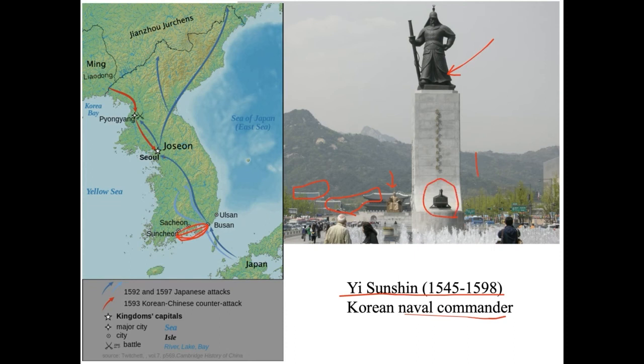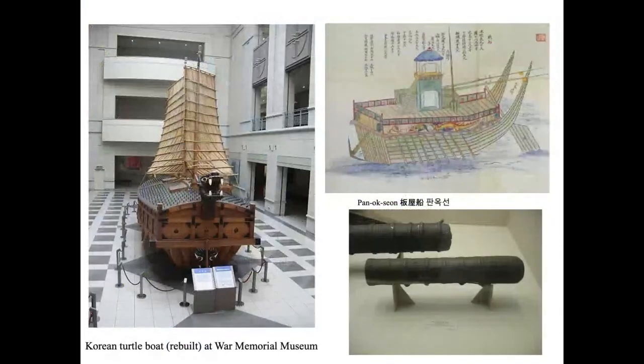It looks like a turtle, a sea animal. And he effectively defended the coastlines so that the Japanese could not land. So eventually, the Joseon dynasty was able to defend themselves.